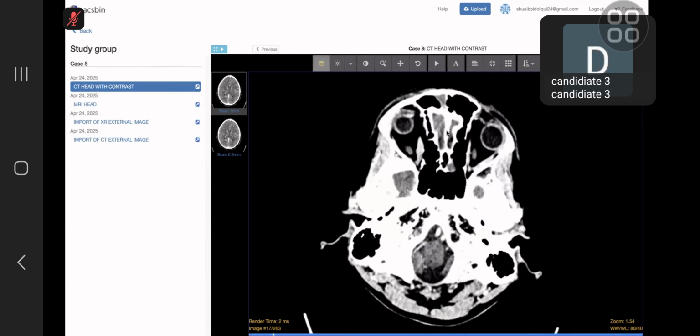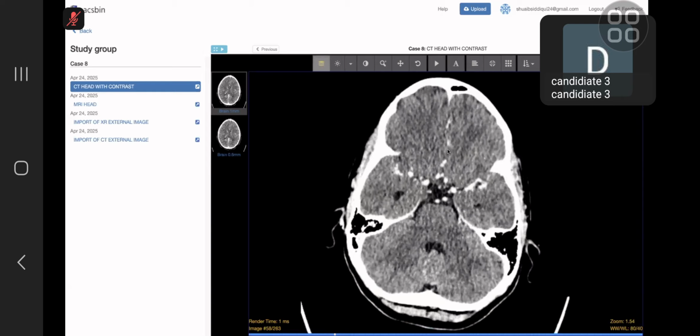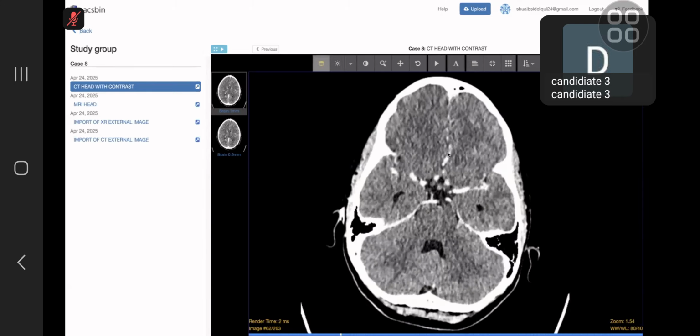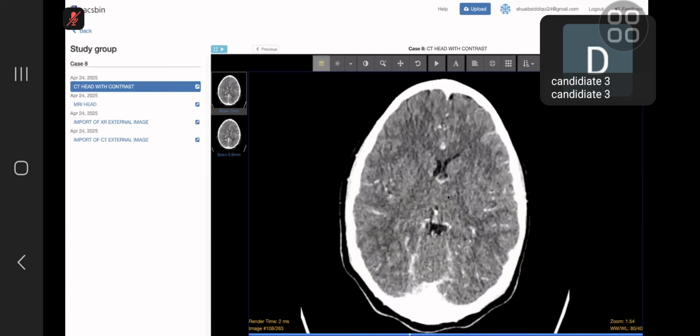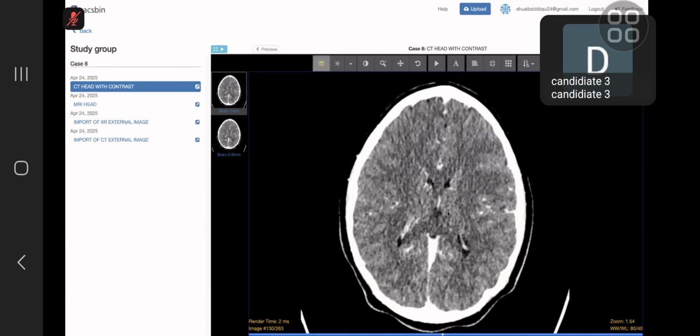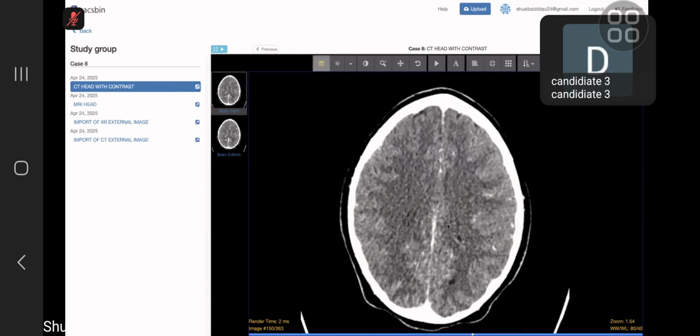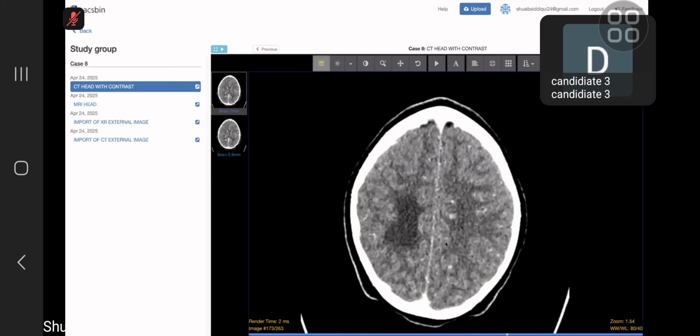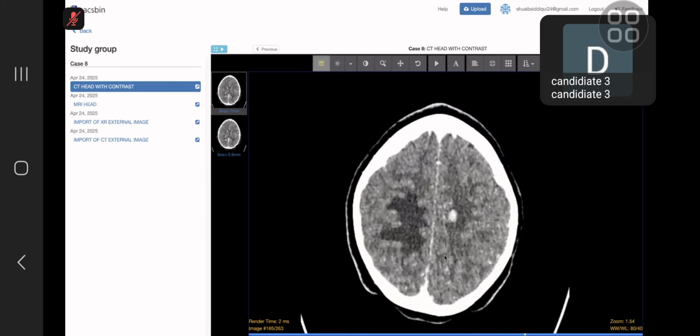I've been provided with axial cut CT brain for a 12-year-old child, with contrast media, the patient suffering from fever.